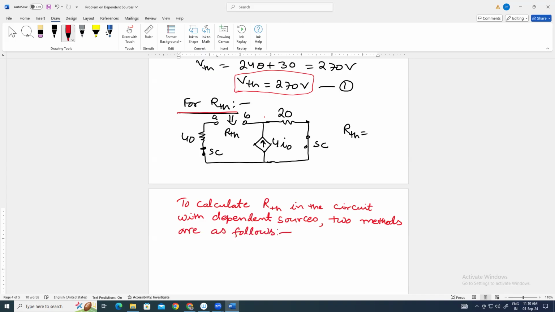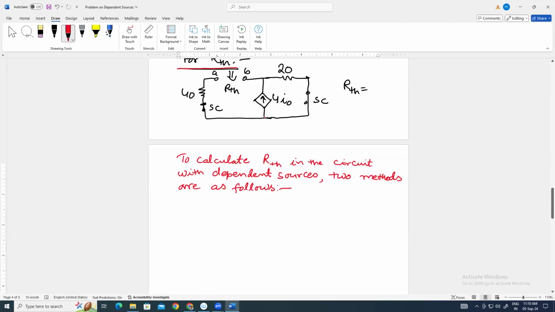So we have two methods to calculate RTH in the circuit where a dependent source is there.